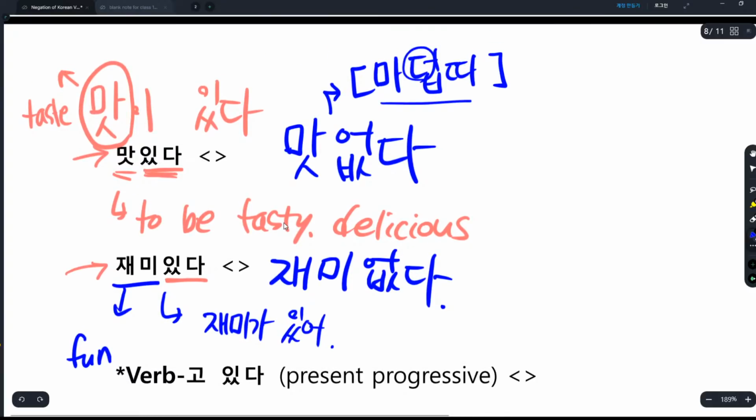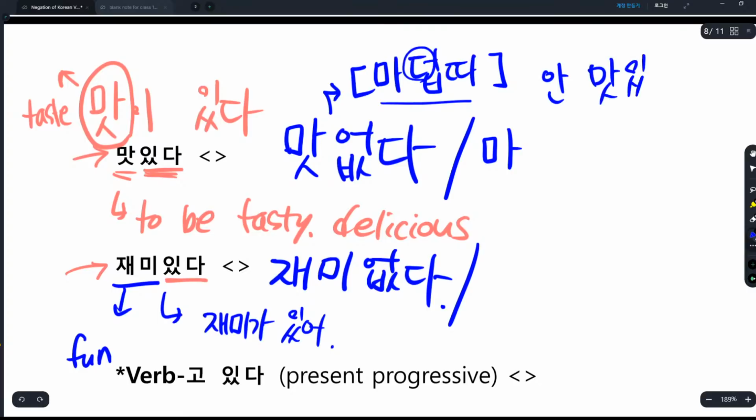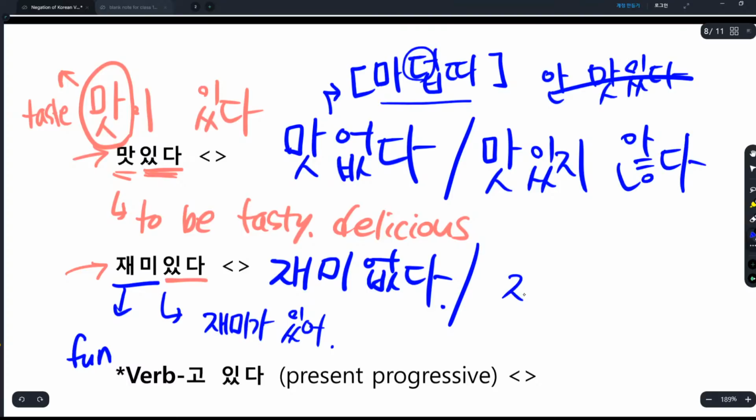But guys, do you remember the consistency I mentioned about 지 않다? For 맛있다, if you want to negate it, although 안 맛있다 would grammatically not work, 맛있지 않다 does work. And so it is with 재미있지 않다.